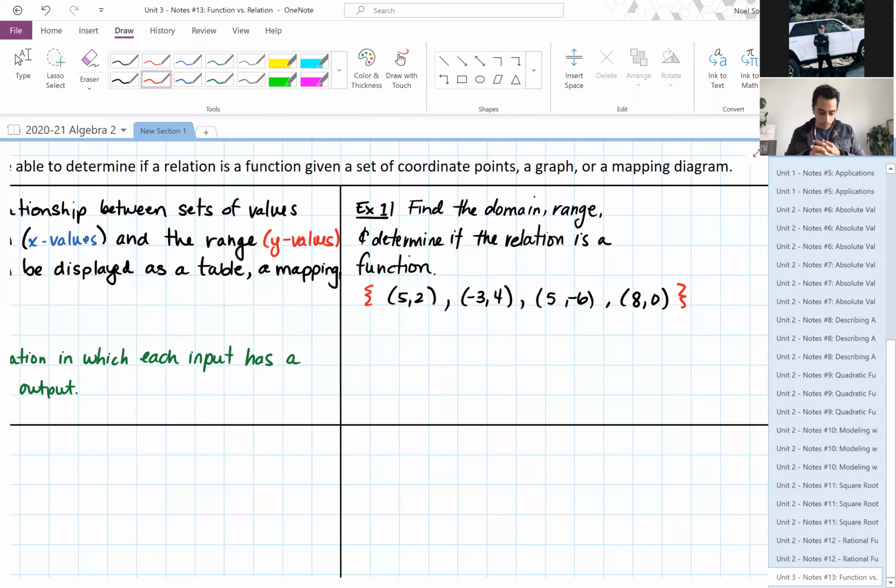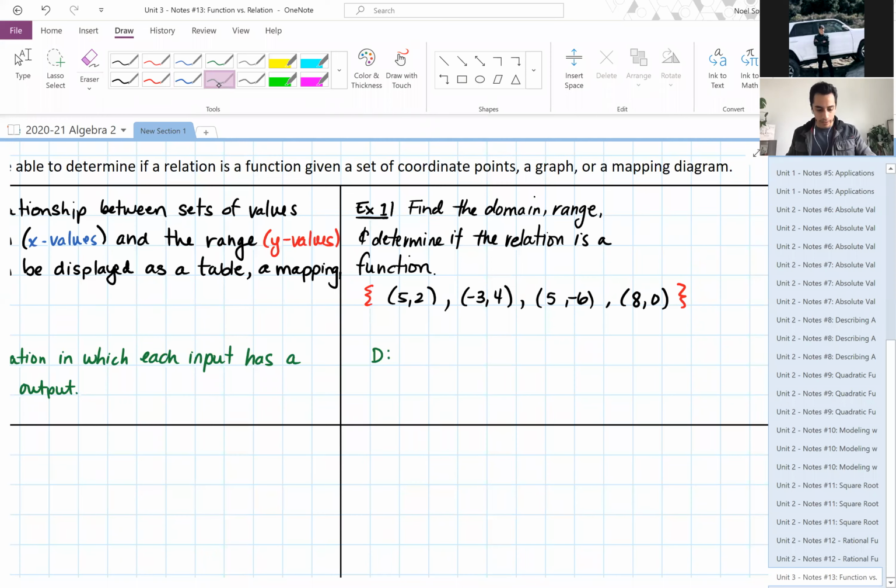Okay. So before we do that, let's first identify what belongs in the domain and then what belongs in the range. Remember that domain is where the X values live. The range is where the Y values live. Okay. So if I wanted to describe what belongs in the domain, I would look at each one of these coordinate points, right?